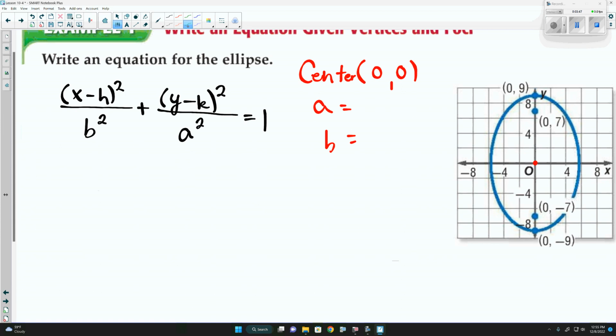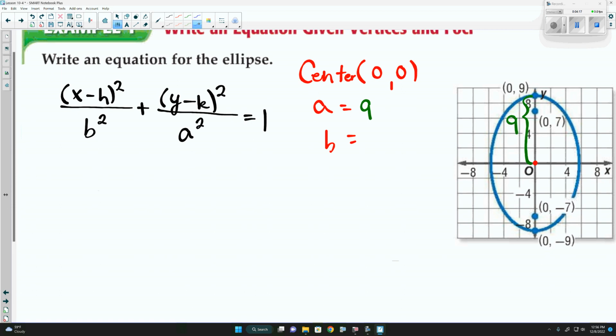Thank you. Now A, since we said it's stretched longer along the y, is going to be the distance from the center to the vertex. And this length here is 9. So the value of A is 9. And we consider the major length to be from vertex to vertex, which would be 18.